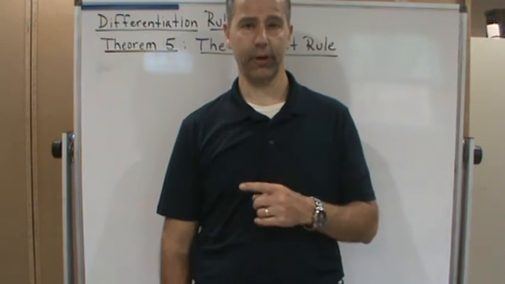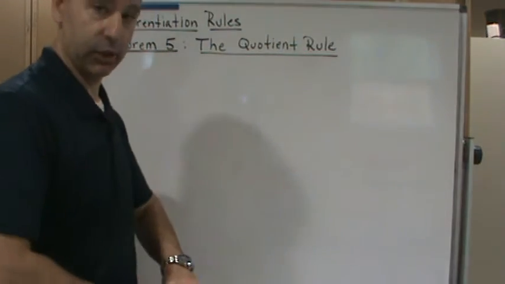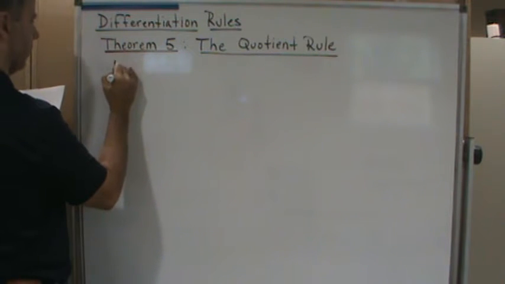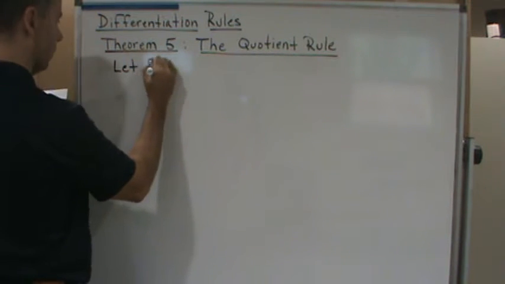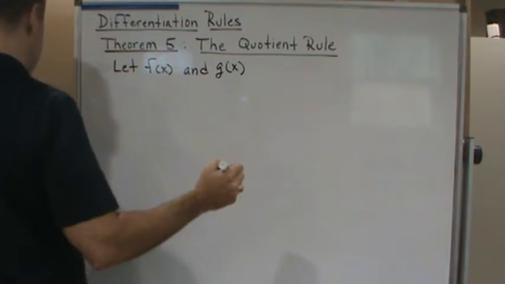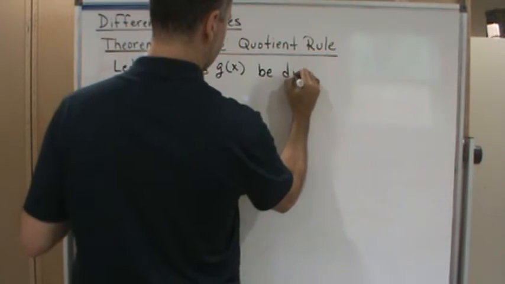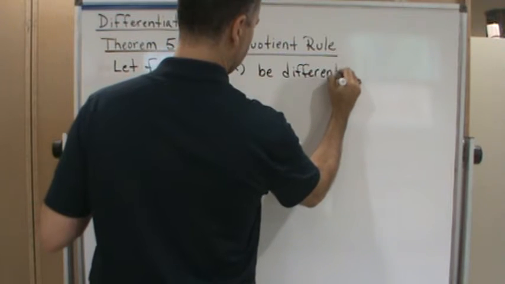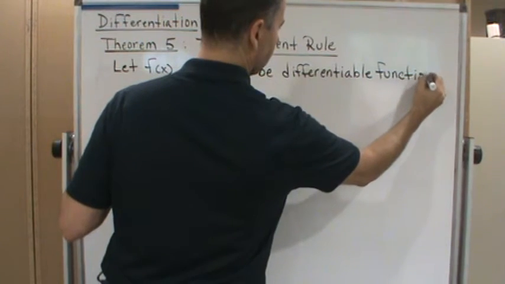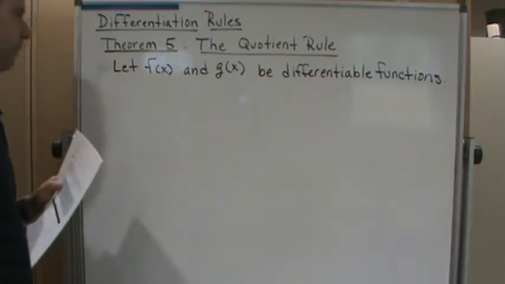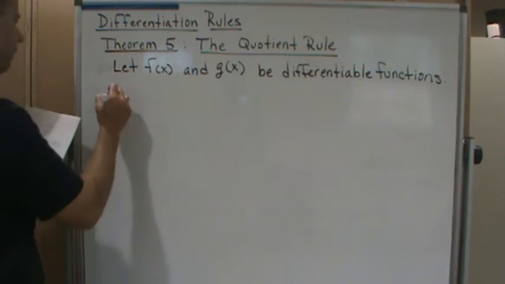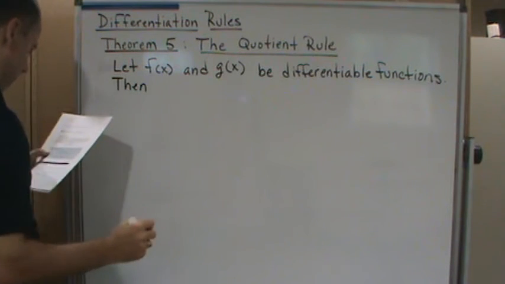Okay, so I'm going to go through the theorem and then I'll explain it. Okay, so here's Theorem 5, the quotient rule. Okay, so just like before, let f and g be differentiable functions, then what do we have?